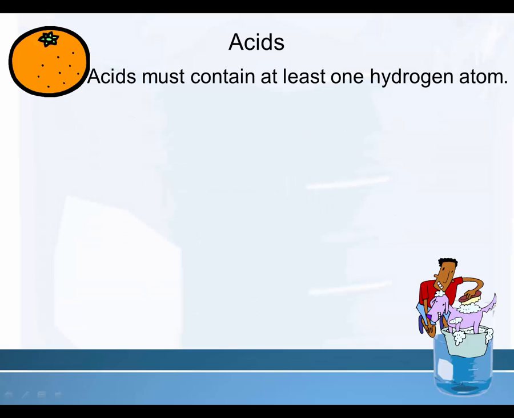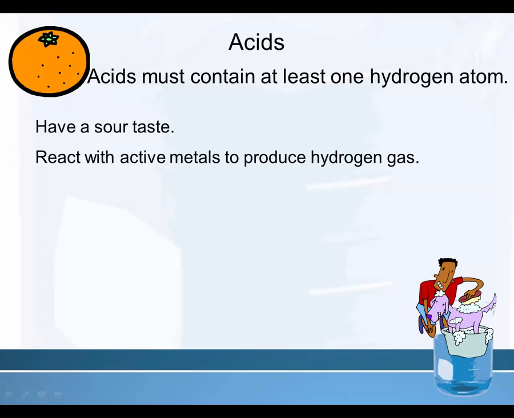Okay. So the next slide has properties of acids and properties of bases on it. I combined both onto one slide. Acids such as citric acid, notice the little picture, are going to contain at least one hydrogen atom. Their properties are that they have a sour taste and that they react with active metals to produce hydrogen gas.